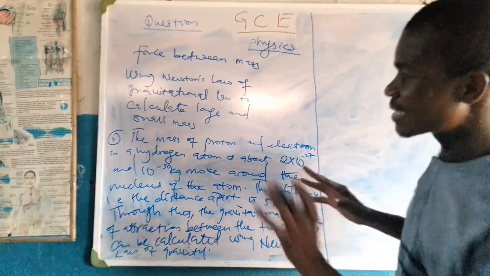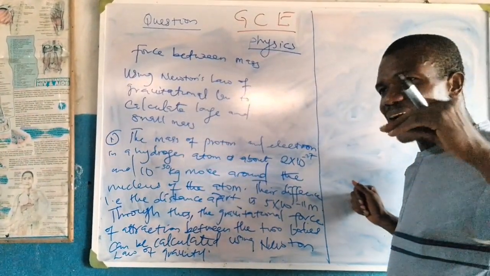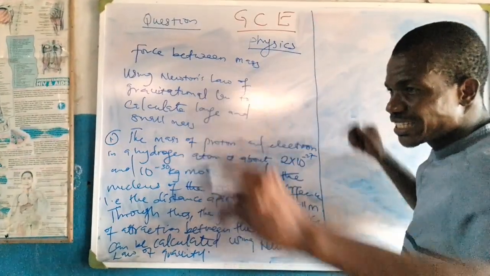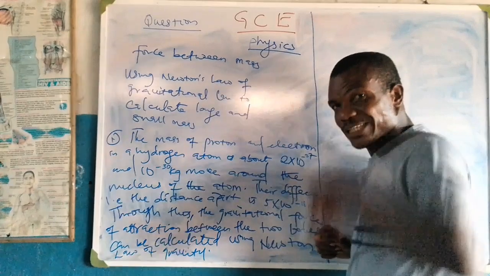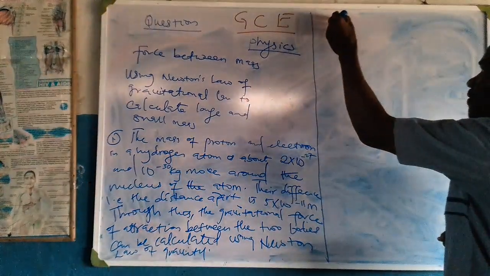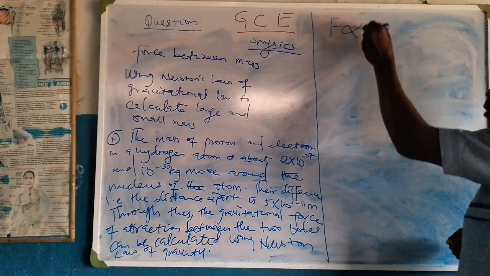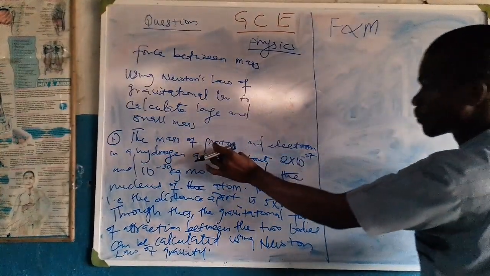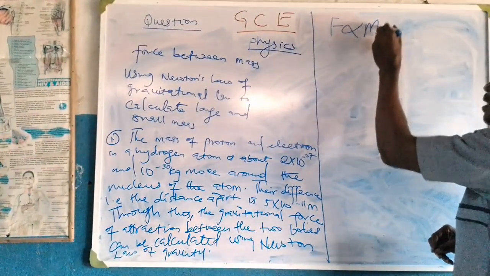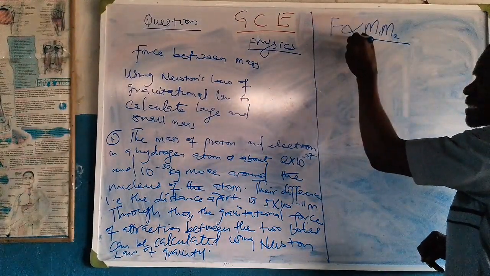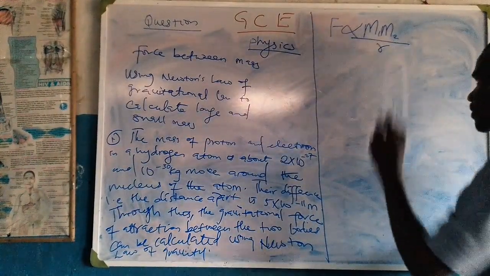Gravitation. Now, since there are two bodies, the force is directly proportional to the product of the two masses, and inversely proportional to the distance apart, which is the radius.